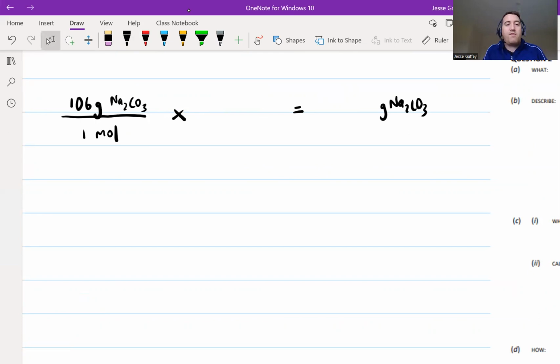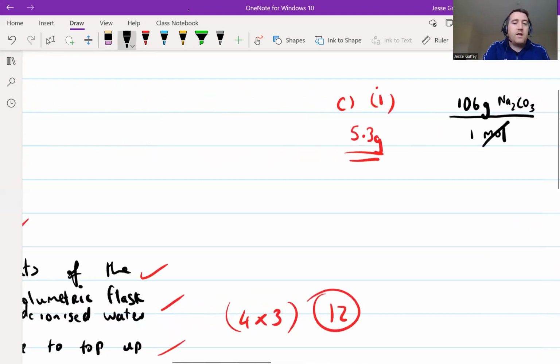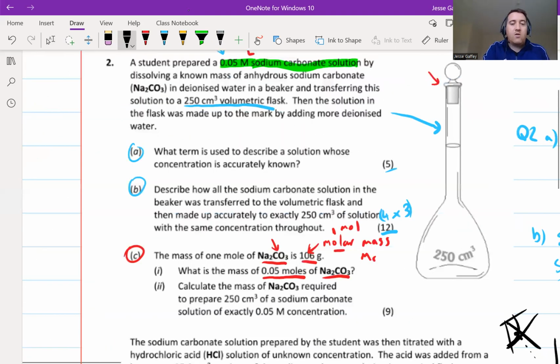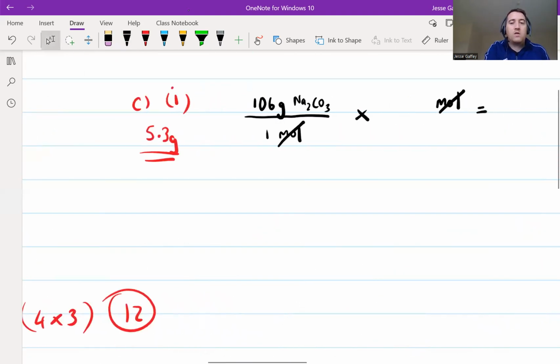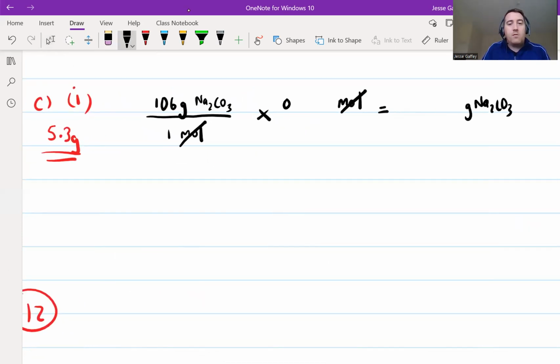And my students will know what I'm talking about here. We need to set up a sum here which cancels out moles. Moles here is in the denominator, which means I want to make moles be in the numerator of the thing that I'm multiplying it by so that they cancel. And from the question, I know that it was how many are in 0.05 moles. So if I times that by 0.05 moles, then I will get an answer in grams.